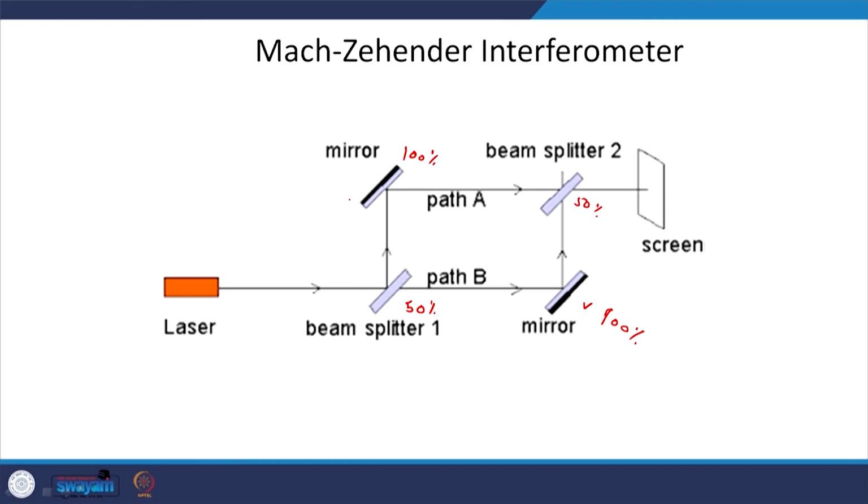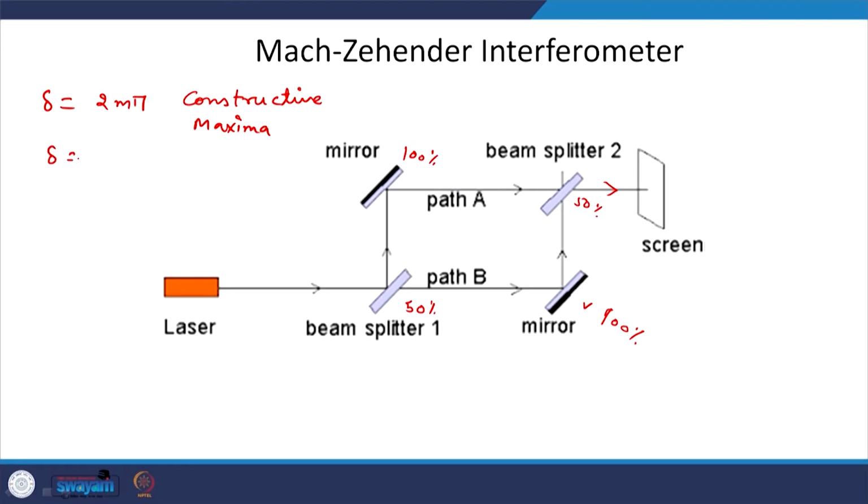So, what happens is that these two beams combine here to give you the interference pattern. So, the basic principle remains the same. If you have delta which is 2 m pi, then you will have constructive interference and then you will have maxima.